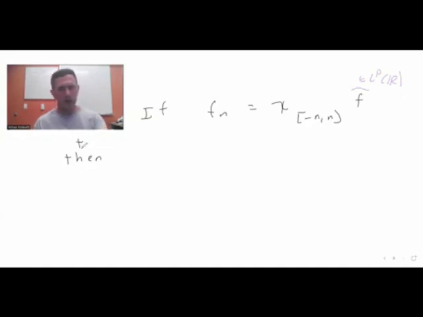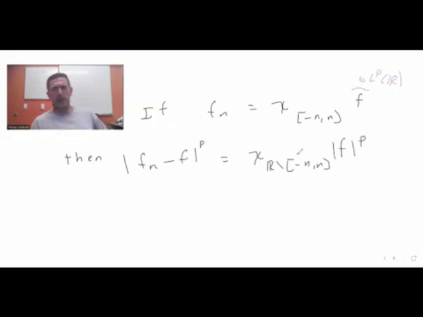All right, so this is important because if I want to take the difference here, then this is just going to be the characteristic function of R take away this interval, raised to the P. This is obvious because if X is in the interval minus n to n, then Fn is F. So you're just taking F minus F, that's well defined.